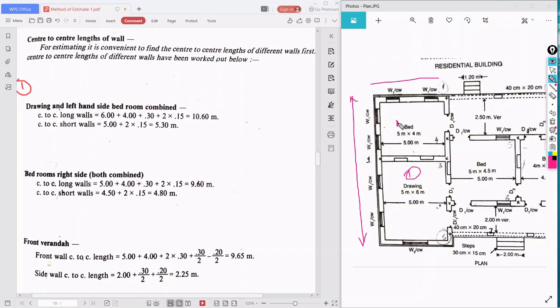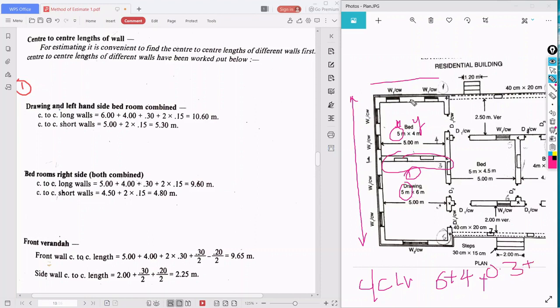Okay, this is x and this is y. The first will give width, and y will give the height, in the sense of the y direction. So what I want, center to center length of long wall, that is 6 plus 4, 10, plus this is 30 centimeter wall, so 0.3 plus.